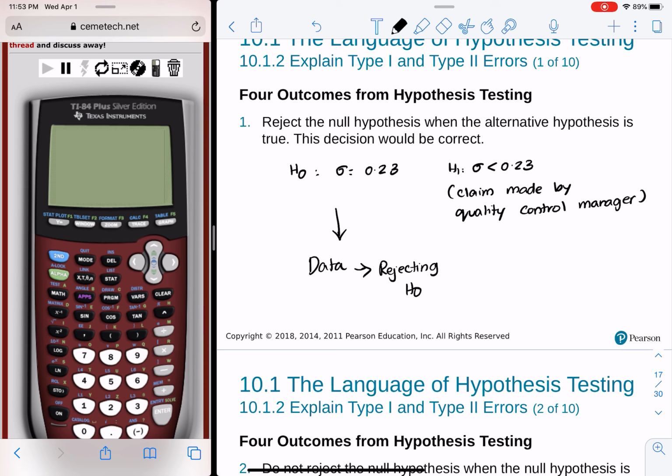In other words, we are going to side with that argument. In other words, data is supporting the alternative.